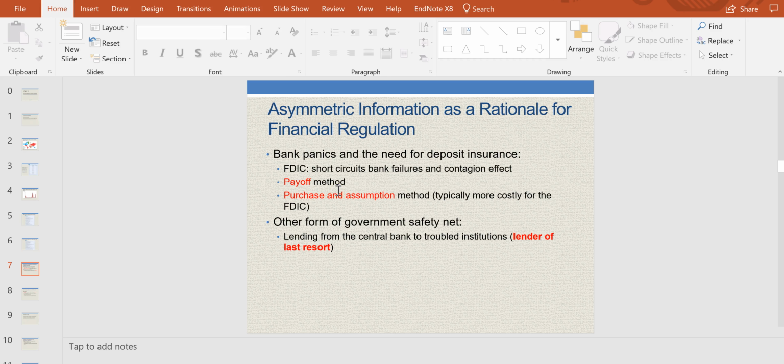But a more common method for the FDIC to resolve the insolvency problem is actually the second one, the purchase and assumption method. So in this method, the FDIC tries to find a willing partner, a willing financial institution who can take over the assets of the failing bank.